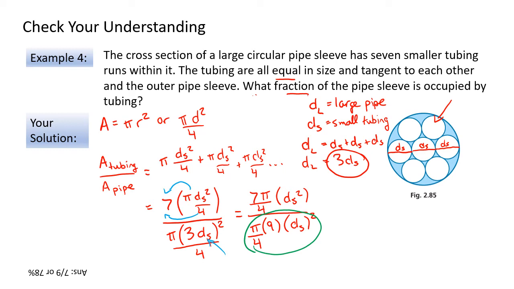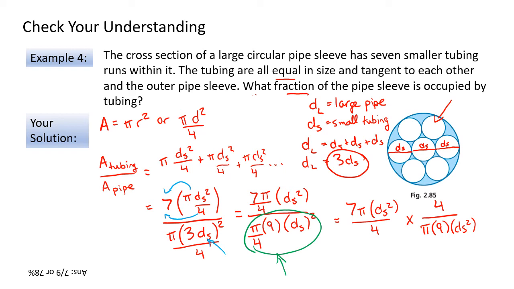So in other words, this means 7 pi times ds squared divided by 4 multiplied by, all I'm doing is flipping the denominator. I'm going to flip that fraction, and then you multiply it together. So in other words, this becomes 4 divided by pi times 9 times ds squared, in other words, the small diameter squared.